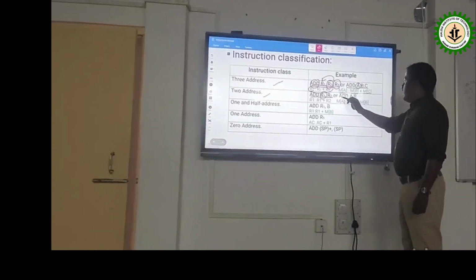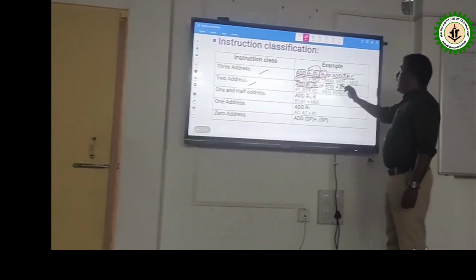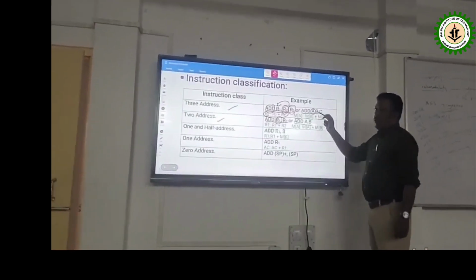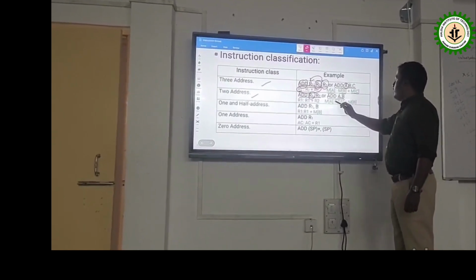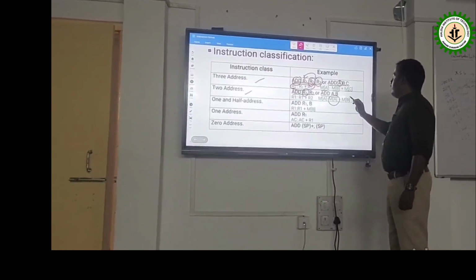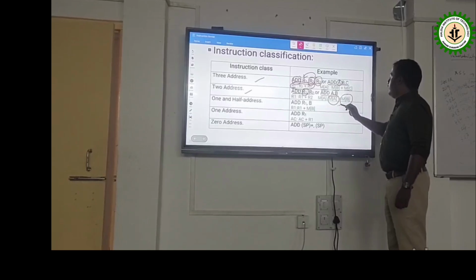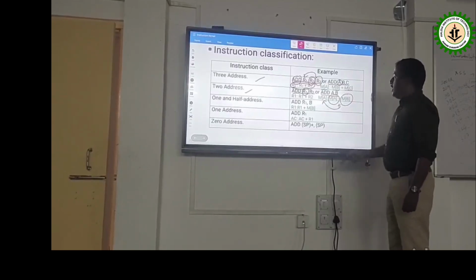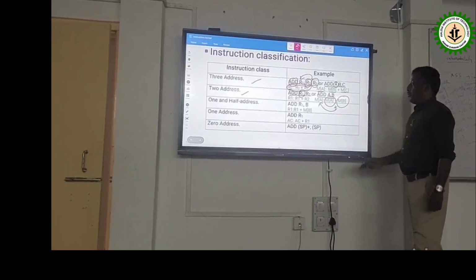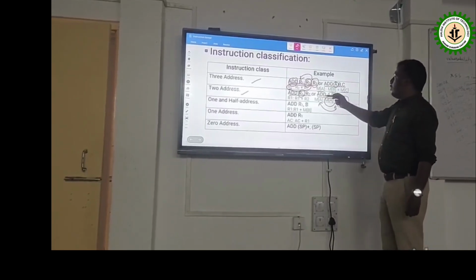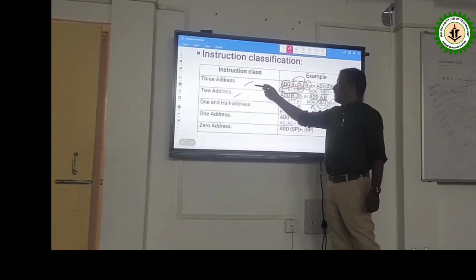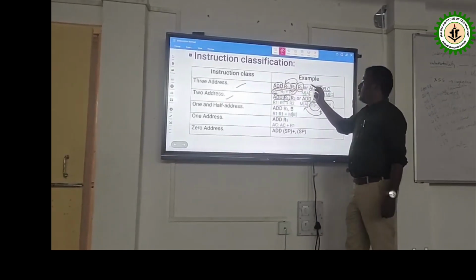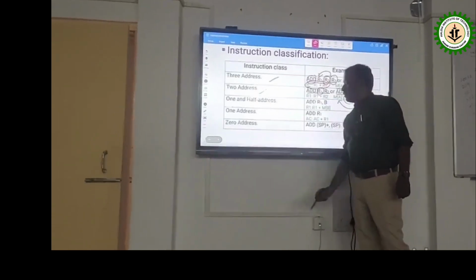Similarly, add A, B. A and B are the memory locations of main memory, that is RAM, and the content of memory location A and the content of memory location B will be added and the result will be stored in main memory location A or variable A. So here 2 addresses are used, so it is the 2 address instruction. In the first case, there are 3 addresses used, so it is called the 3 address instruction.